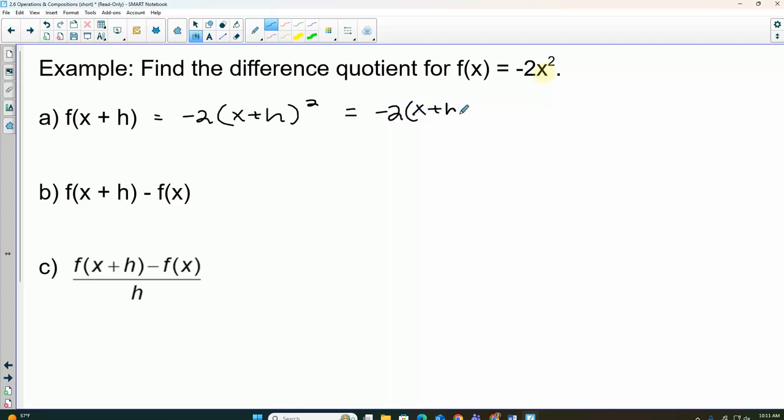There's two of them. So how would I square that? You have to split. So that's x squared plus xh, and plus xh would be plus 2xh plus h squared.